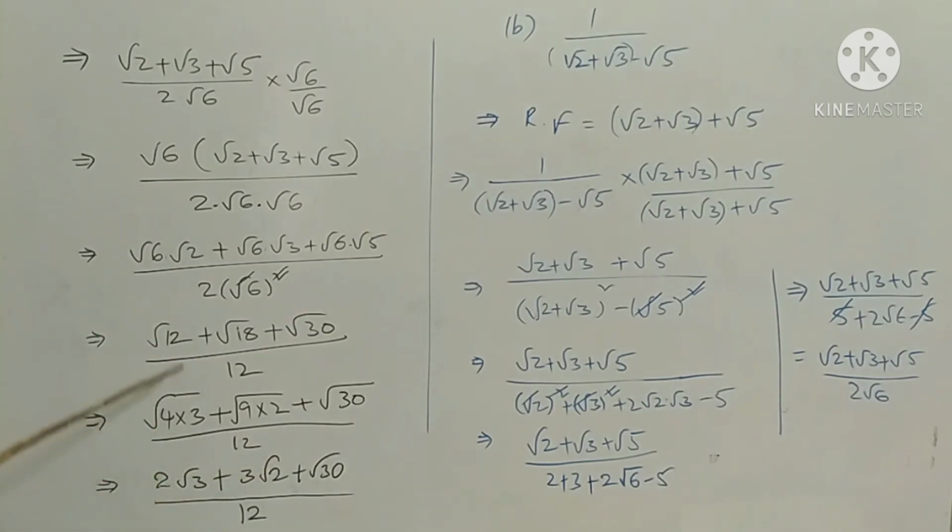Here 12 is the product of 4 into 3, plus 18 is the product of 9 into 2, plus root 30 by 12.